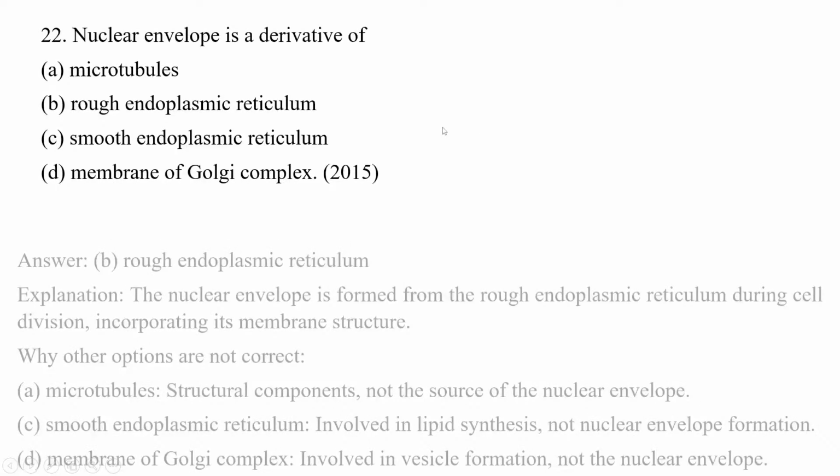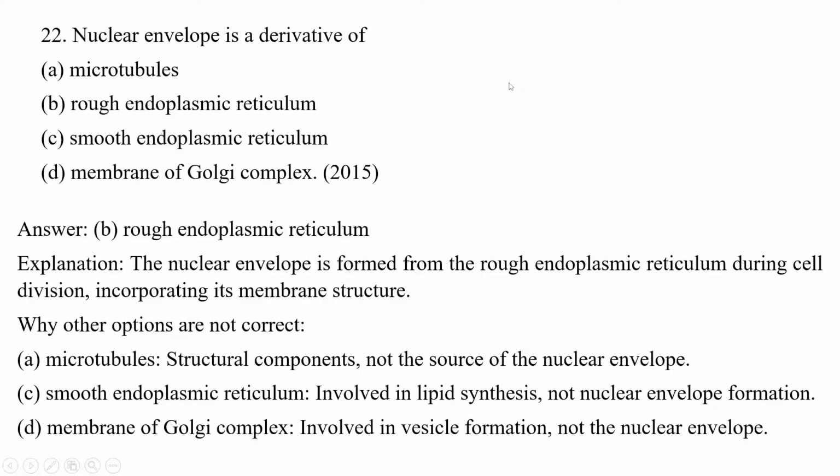The nuclear envelope is a derivative of: mitochondria, microtubules, rough endoplasmic reticulum, smooth endoplasmic reticulum, or membrane of Golgi complex. The correct answer for this question is rough endoplasmic reticulum, because the nuclear envelope is formed from the rough endoplasmic reticulum.